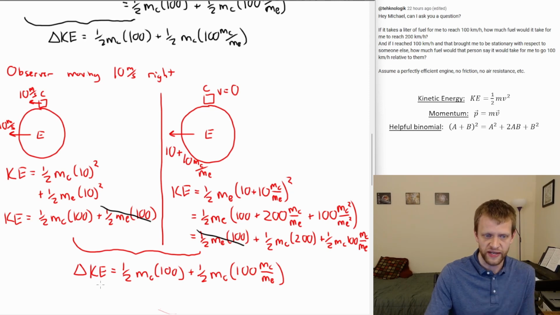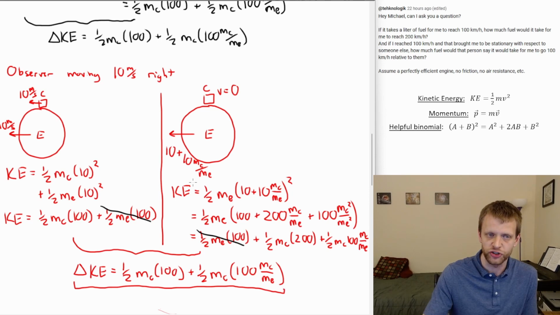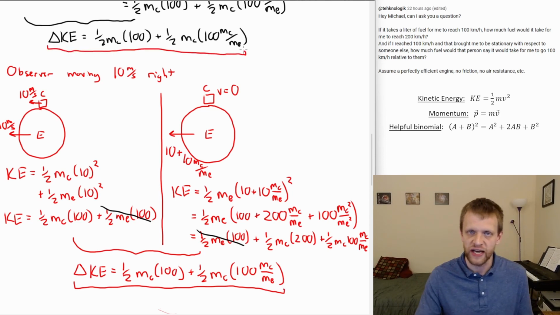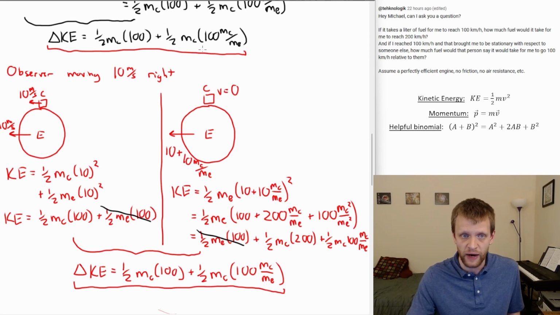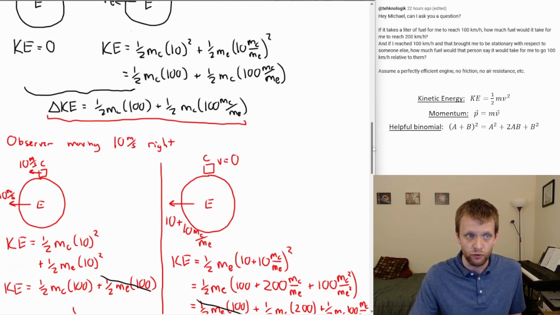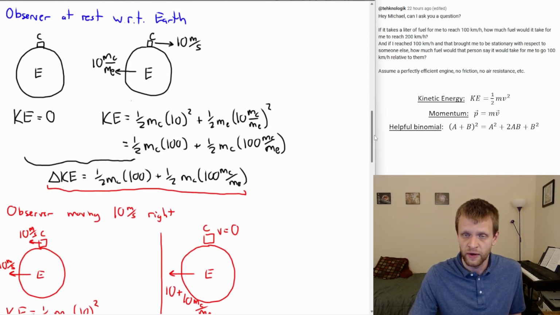And notice what we get. In this new reference frame, our change in kinetic energy was exactly the same as how much kinetic energy was changed in the original case, when we were looking at this from the frame of reference that was at rest with respect to the Earth.